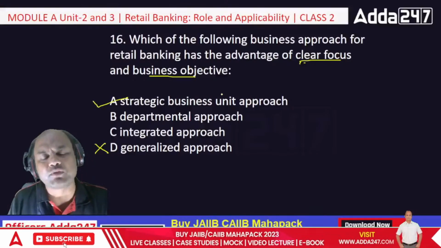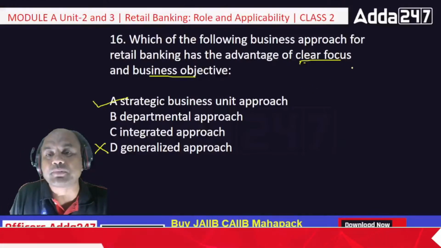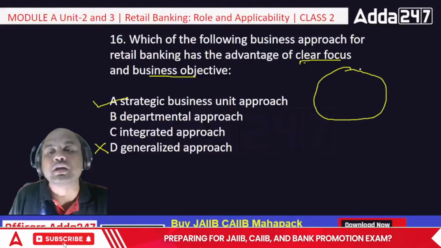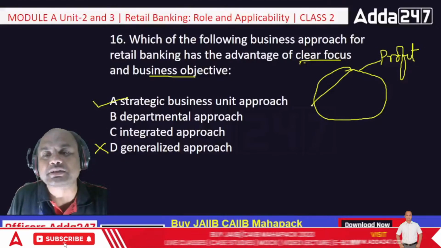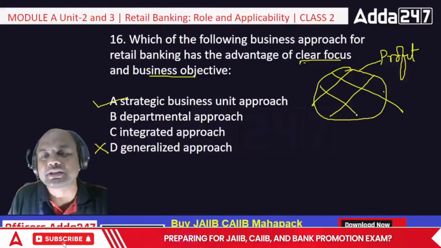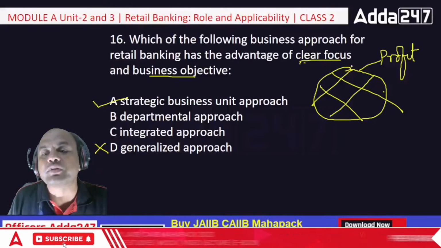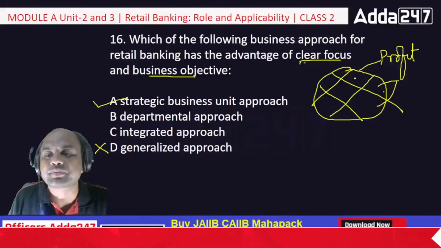SBO means what? I want the profitability for each branch. See here, this is my bank. Okay. Now, if I want the bank to be profitable, profit. These are my branches, let's say. These are my 2-3 branches. Let's say these many branches I am having. So when will the whole bank be in profit? When each branch is in profit.